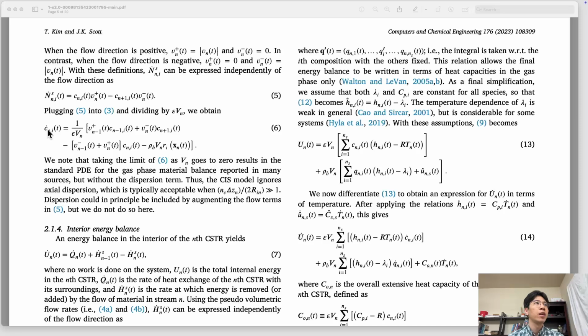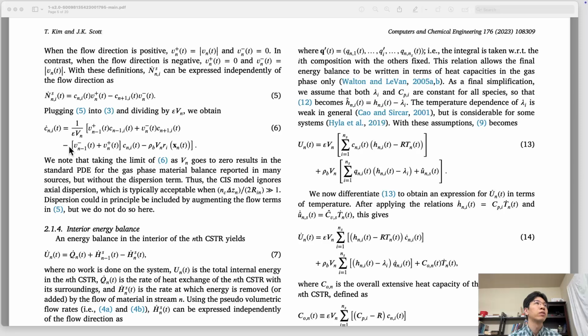The rate of change in the gas phase concentration of species i in the n-th CSTR at time t is equal to this scaling factor for accounting for the volume, but then we have these convective flow terms: the positive pseudo volumetric flow rate from the n-1 CSTR times the concentration of species i from the n-1 CSTR, plus the negative pseudo volumetric flow rate times the species i concentration of the n+1 CSTR.